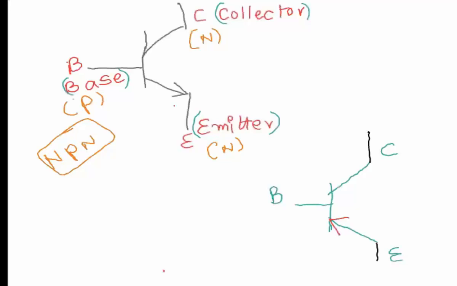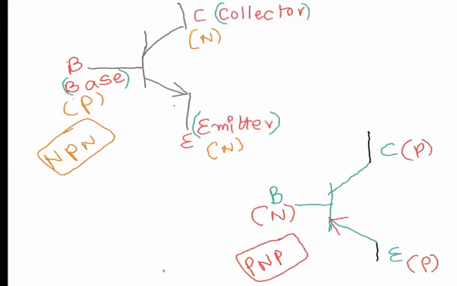So it's a PNP since the arrow is pointing inside. Collector is P type, base is N type, emitter is also P type semiconductor in its doping. As you can see, each lead is exactly opposite in its type of doping compared to NPN versus PNP.